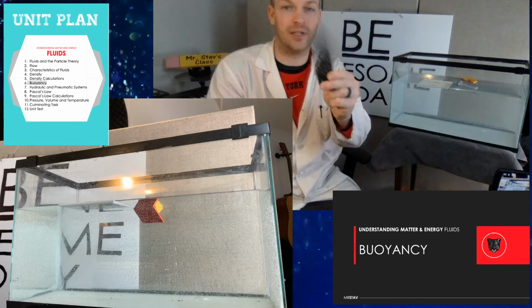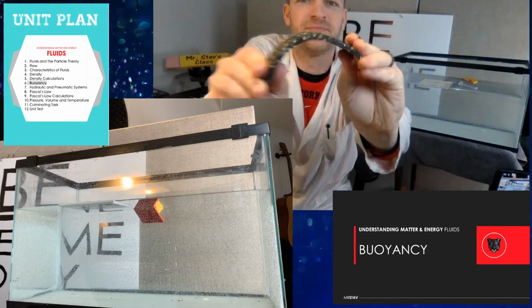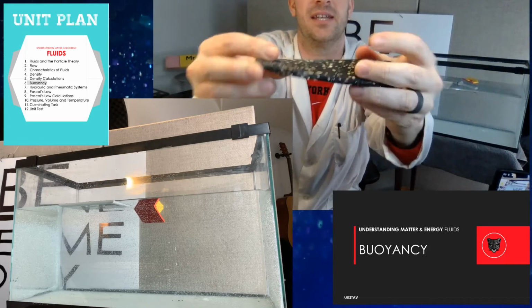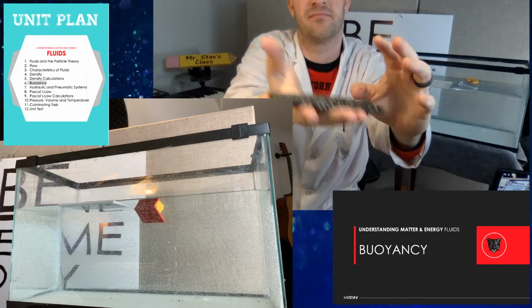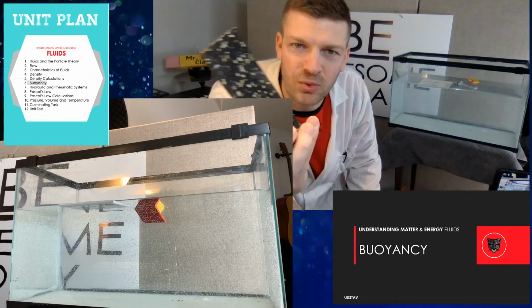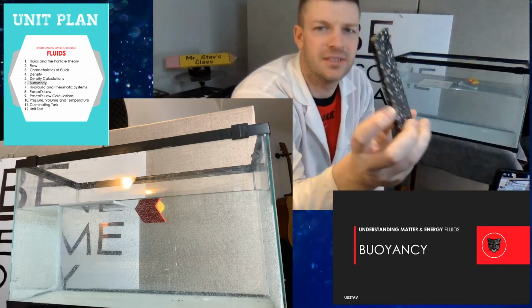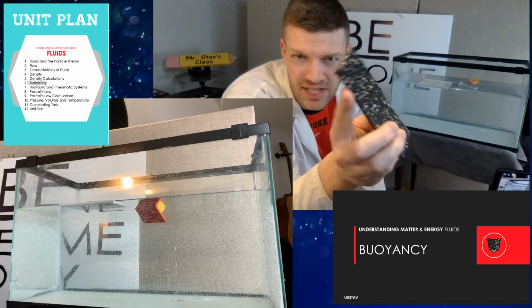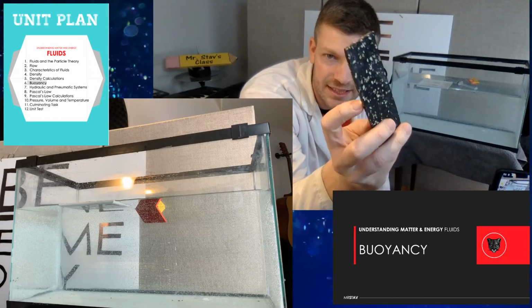I got some rubber. Okay, this is rubber. See how you twist it, bend it. Do you think this is going to sink, or do you think it's going to float? There you go. Look at it. Let me know in the chat. Sink or float? Predict.